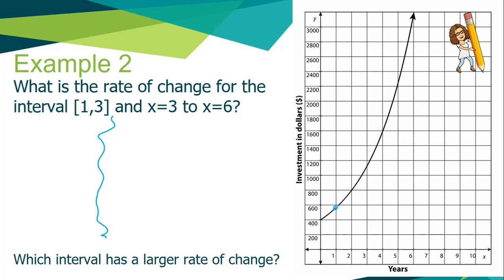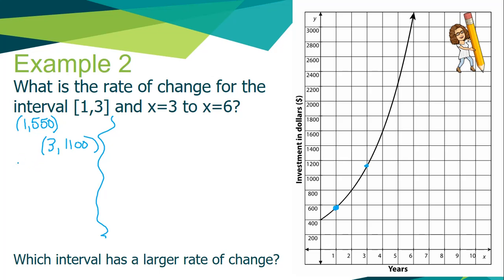That looks like right here, it has a value of roughly, let's say, 550, right? 3 has a value of, let's go 1100.